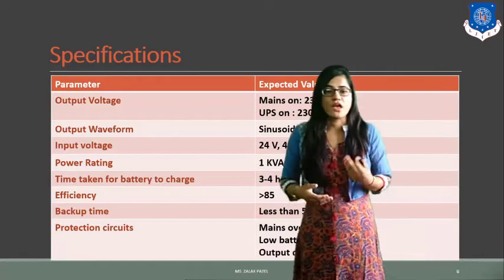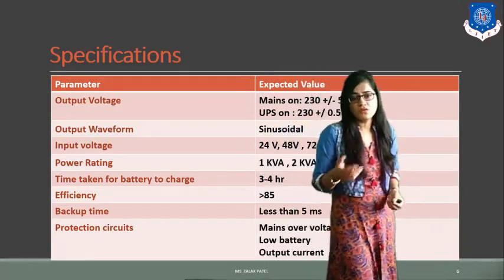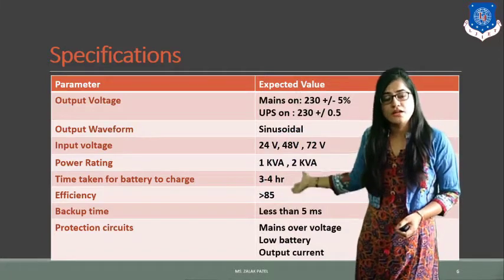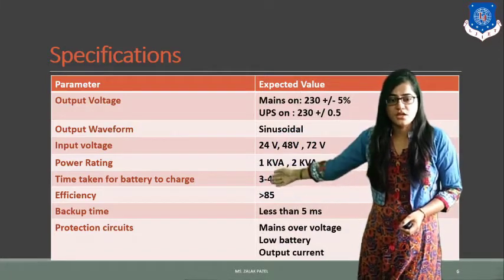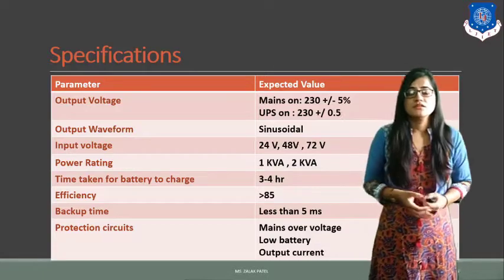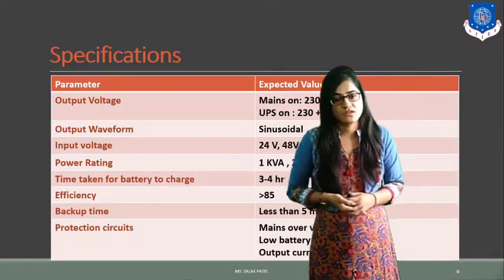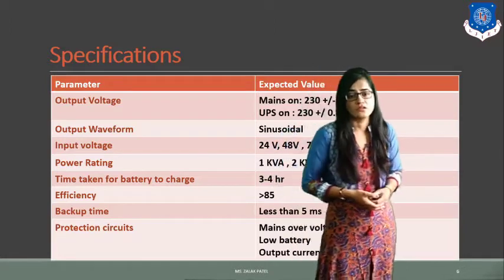If we talk about the efficiency of the system, it is very good. It is up to 85% in continuous backup, and also in the offline case. The backup time is less than 5 milliseconds, and that's why it provides efficiency greater than 85%.